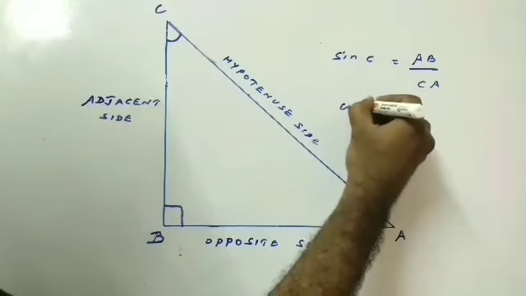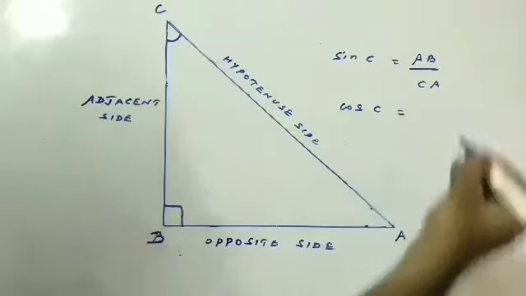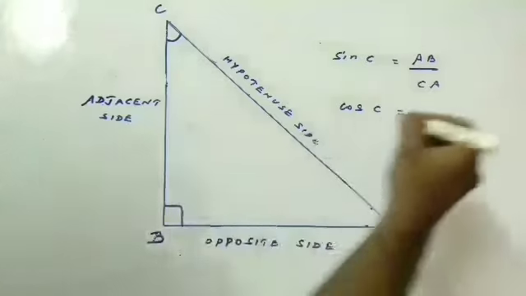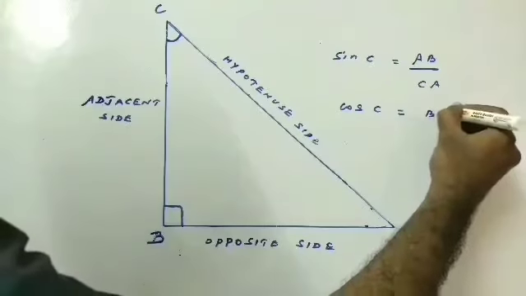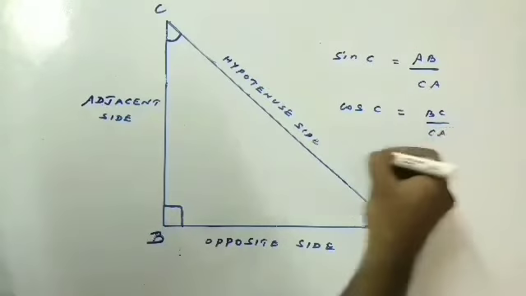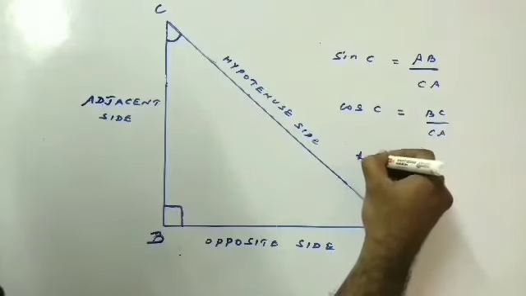Like that, cos C. Adjacent side by hypotenuse side. Adjacent side is BC, hypotenuse side is CA.